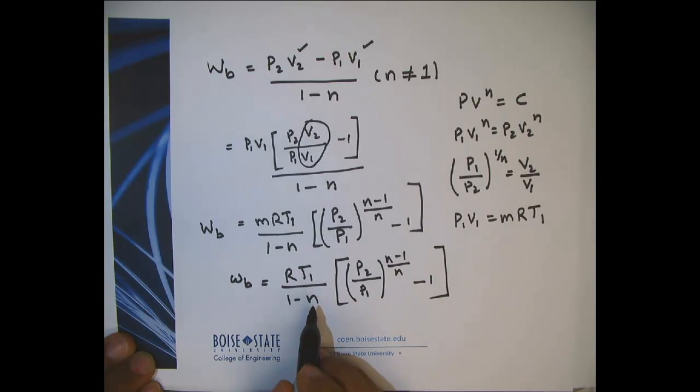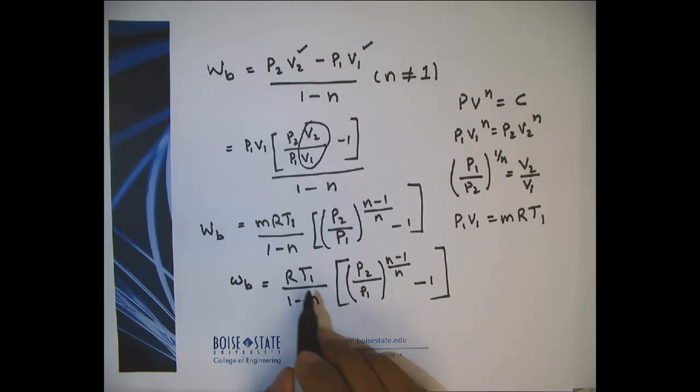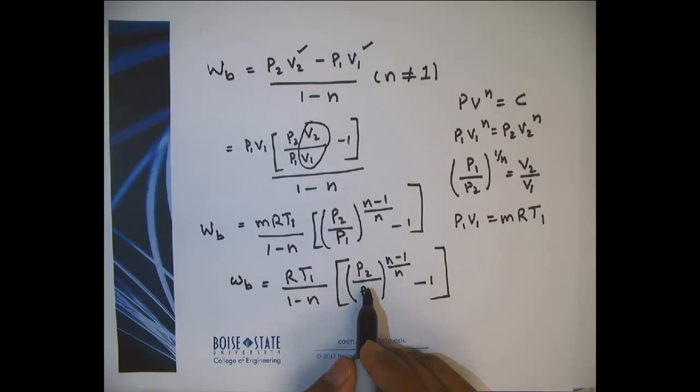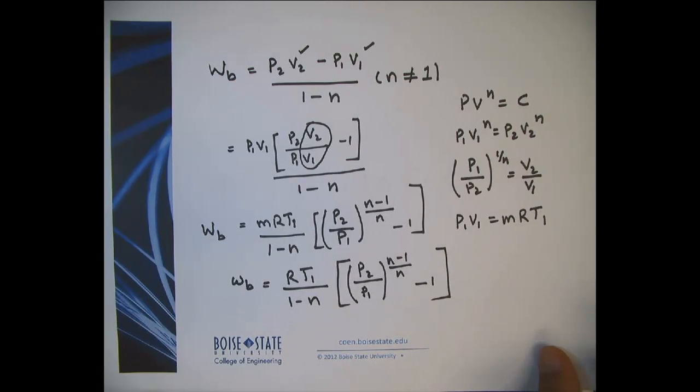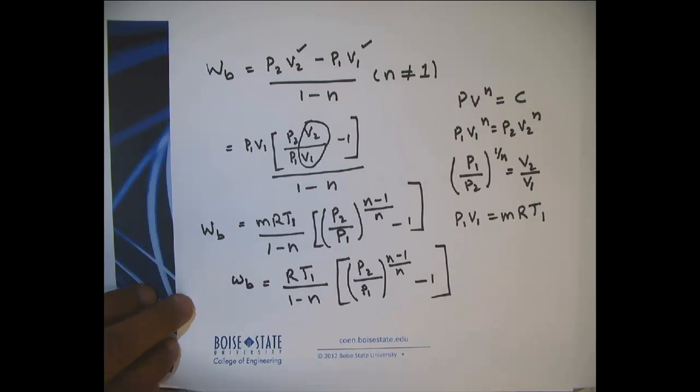So what do we know in here? Do we know P2, P1? Yes. We know n, which is given in the problem. We know T1, and remember that you have to use absolute scales here. And we know R. So we can quickly compute what would be w_b.